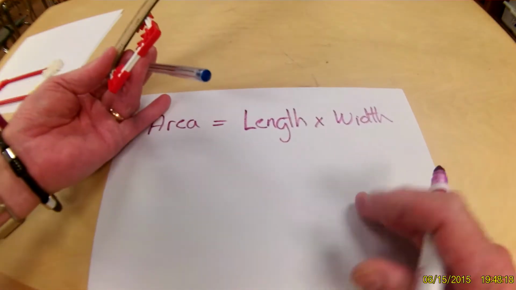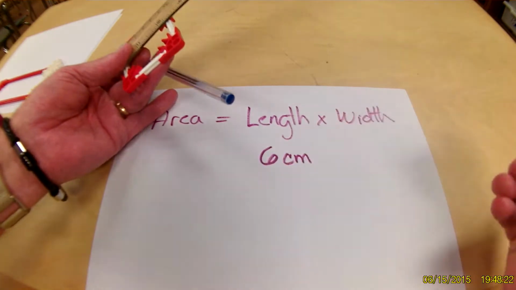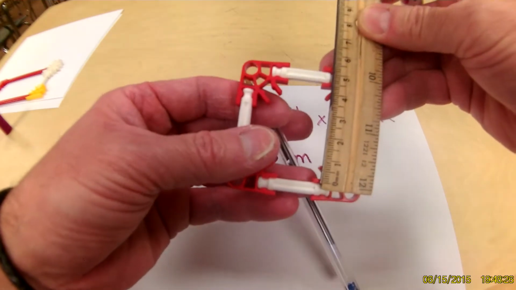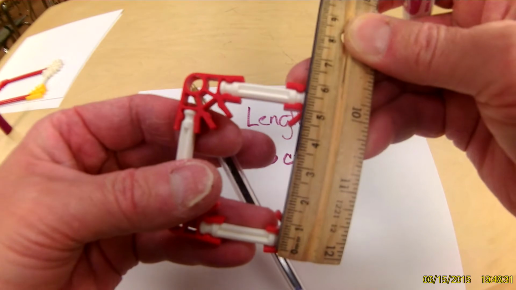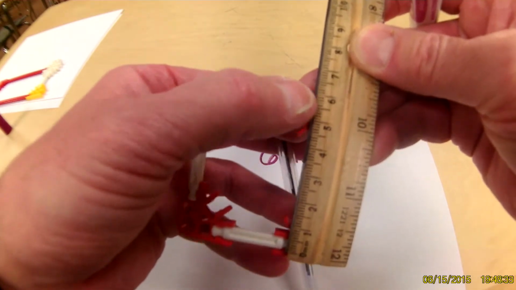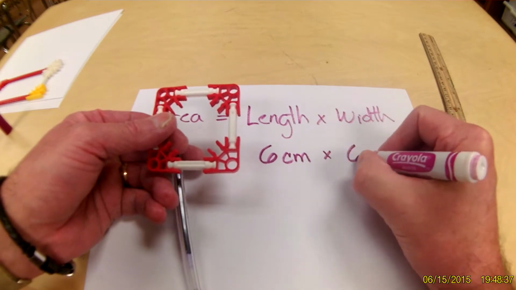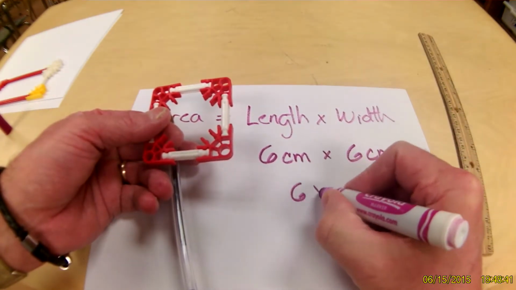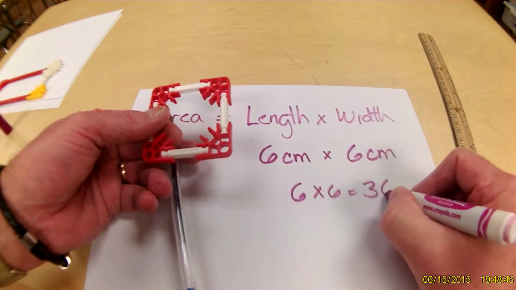So my length would be 6 centimeters. And then, of course, because it's a square, I know that if I measure my width, I will also get 6 centimeters right there. Now, these are not exactly precise, but they're pretty precise. So now all I have to do is multiply 6 by 6, and I get 36.